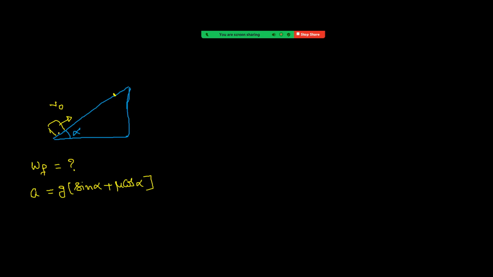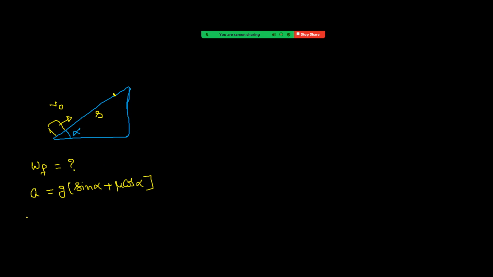Here I am using kinematics because it is simpler. Initial velocity v naught, finally zero, displacement we want to calculate. The a value is known, and it is downwards because mg sin alpha is downwards and frictional force while the body moves up is also downwards. So the net force is downwards, so acceleration is downwards.